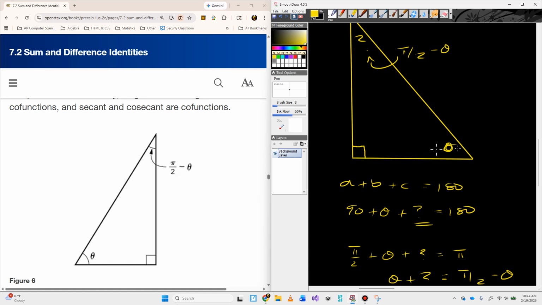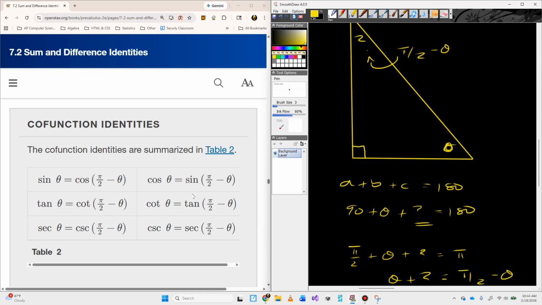So if I know this angle here in radians, I can actually get this angle in radians, and that's what's known as a cofunction. If I have an angle here, I can actually use some of the same information as long as I change it up using this cofunction.